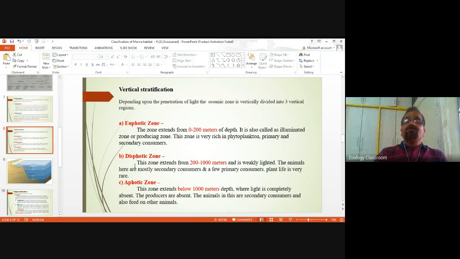The next zone is the dysphotic zone. A moderate amount of light is there. This zone extends from 200 to about 1000 meters.